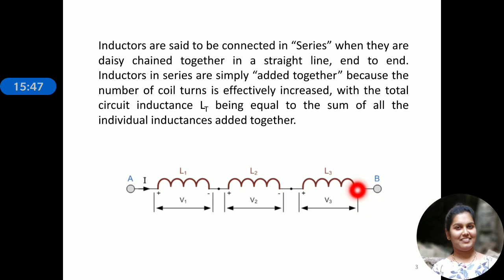If we are asked to calculate the total inductance of the series combination, we write LT is equal to 10 millihenries plus 40 millihenries plus 50 millihenries, which equals 100 millihenries. So the total inductance is always greater than the largest inductor in the circuit.